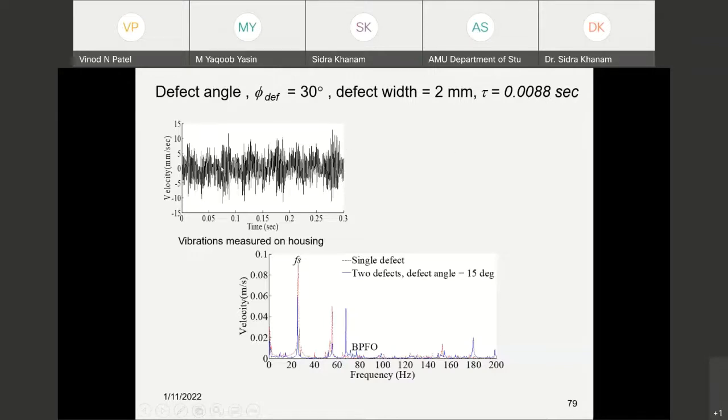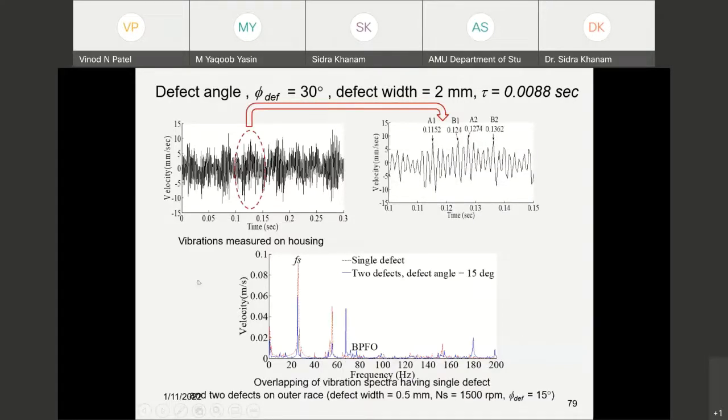This is what was measured, that is, vibration measured through an accelerometer experimentally. And here also we have derived the things based on the model. The time duration calculated based on the equations derived in the last slides was this one, and the same thing was observed when we zoom into this particular thing.